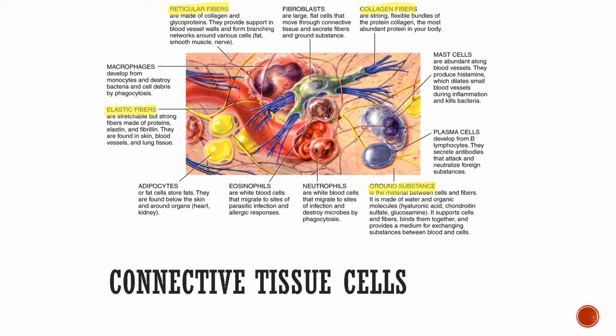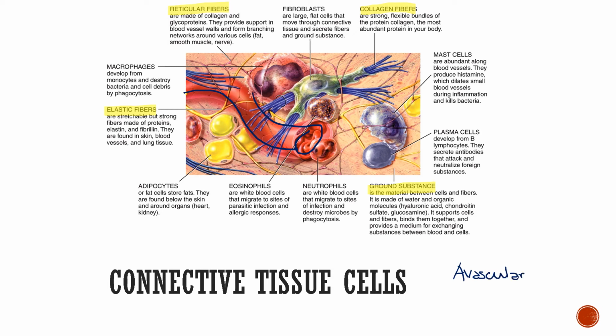Now, connective tissue is highly vascularized, so we can see this blood vessel here. So a lot of blood vessels within connective tissue. Remember, this is very much unlike epithelial tissue. There are some exceptions though. Cartilage, here I'll put avascular.